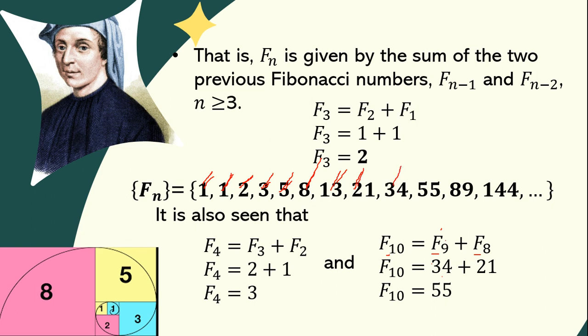So f sub 9 is 34. Put it there. And plus f sub 8, so before 34 is 21. Therefore, 34 plus 21 is equal to 55. So that is f sub 10.